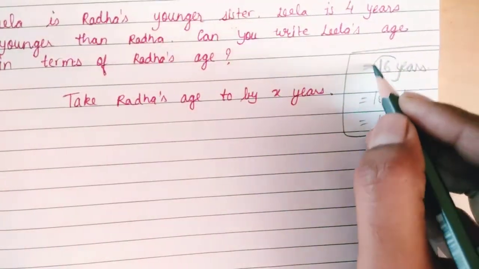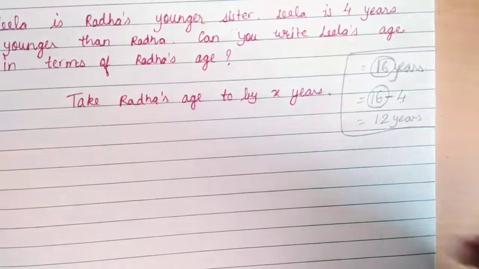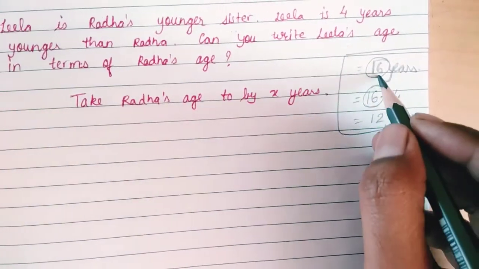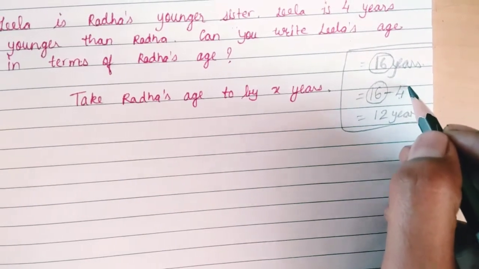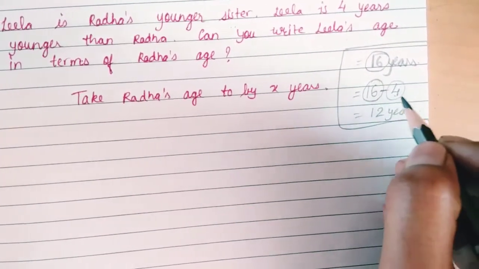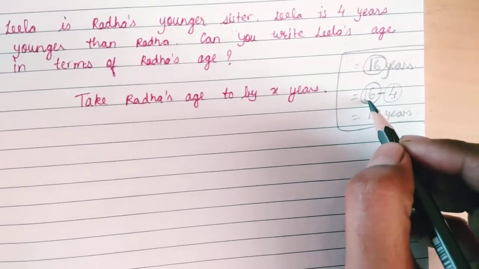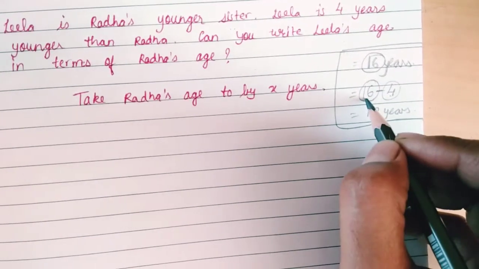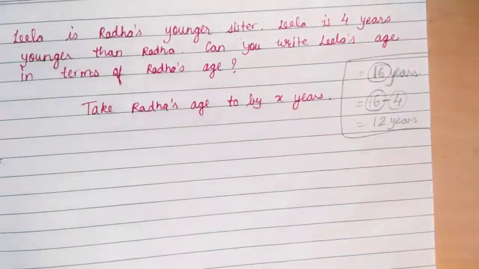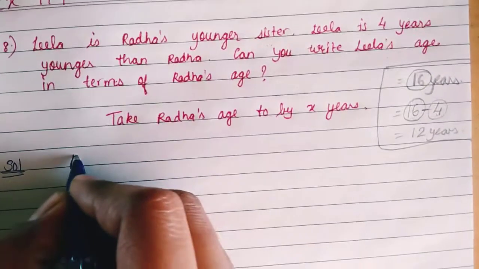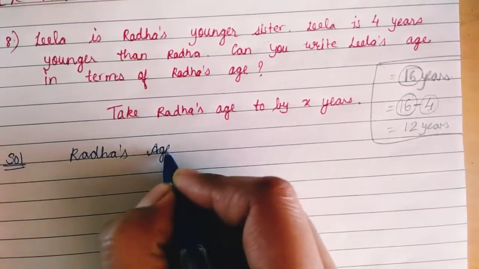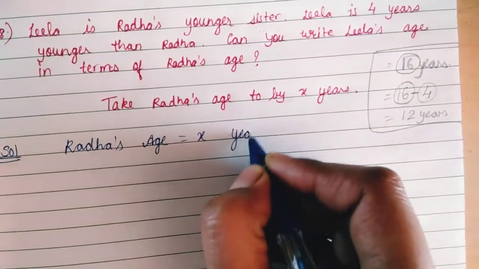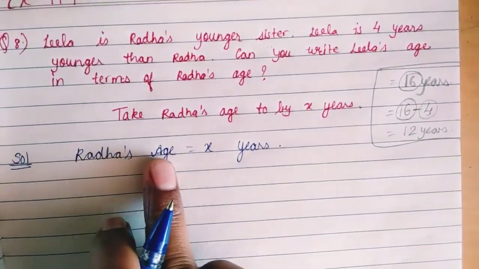So 16 is the age of the elder brother or sister, and the younger brother or sister is 4 less than that age. The same is here: Radha's age is given in the question as x years, and Radha is elder than Leela.